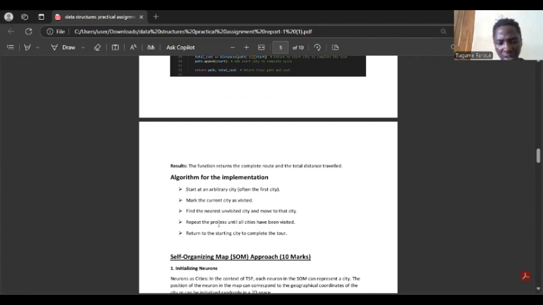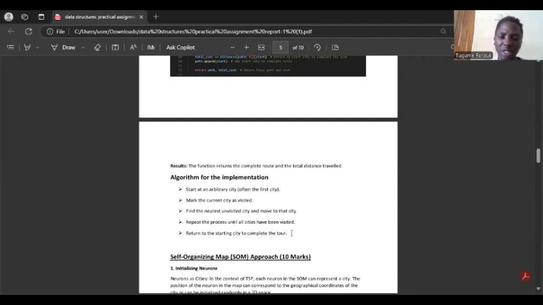Then we repeat the process until all the cities have been visited. After that, we return to the starting city to complete the tour. When we have returned to the starting city, the tour is complete.